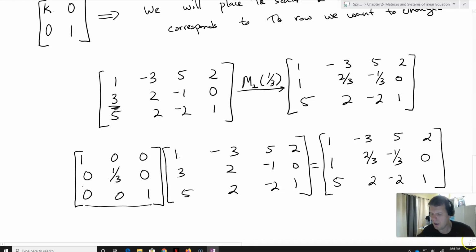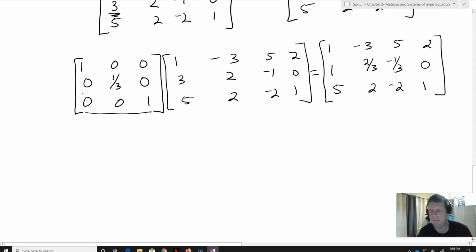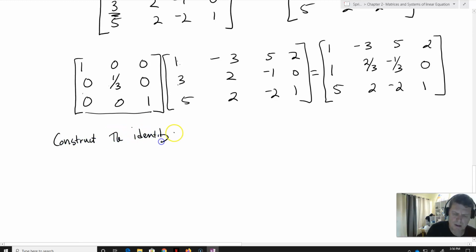All right? So, in order to develop an elementary row matrix that scalar multiplies one of your rows, what you'll do is construct the identity matrix that will allow you to left multiply.